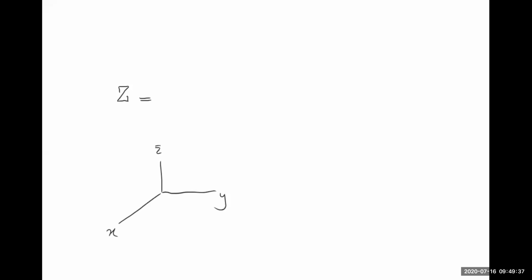In the YZ plane, we had an equation, right? How can I write down that equation for something inside all of three-dimensional space? What would be the equation in 3D?